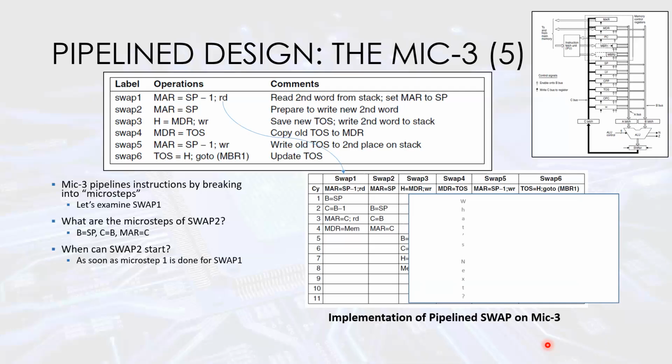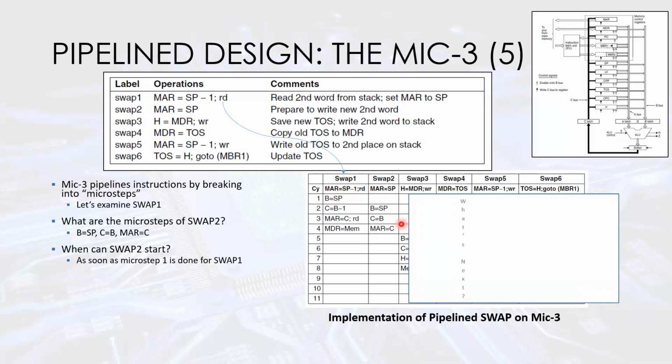So in this one, we can actually start it in the next cycle. Obviously, at least given this microarchitecture, we can never start swap 2 in the same cycle, because we can't be outputting two different instructions onto the bus to the ALU. But if we look here, we have B equals SP, not a problem, our B resource is not doubly used.